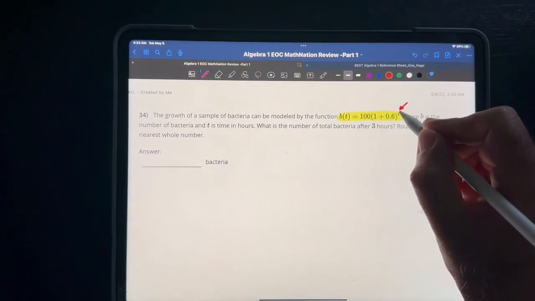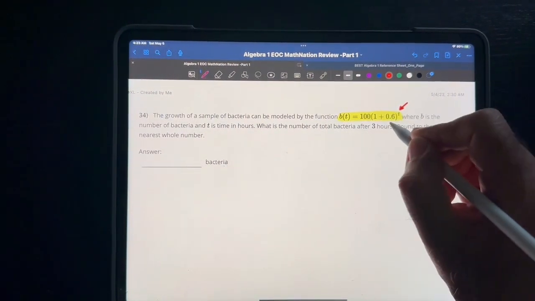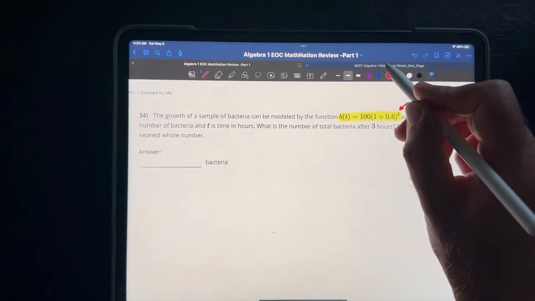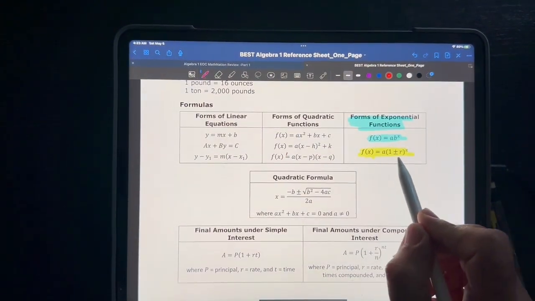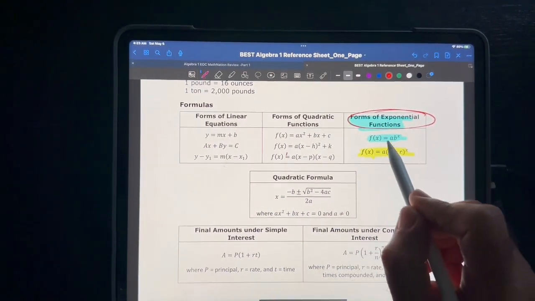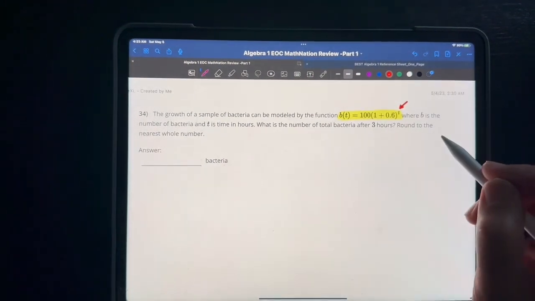This exponent is a variable, so that makes this an exponential function. And also look, this looks similar to the exponential function rule, right? Good. So here's what we do now.